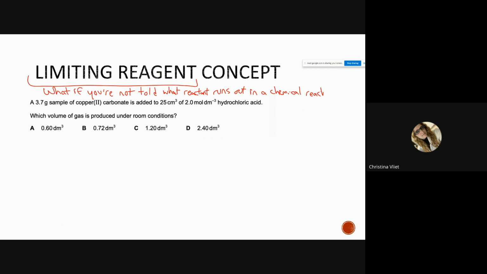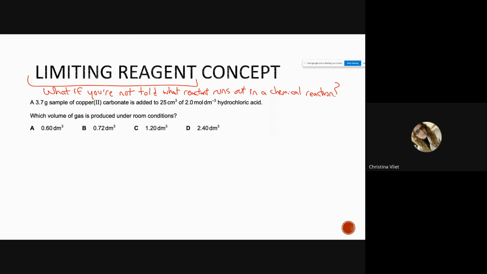Meaning, when we look at stoichiometry, almost every question tells you that we have this reactant, how much product do we make? Grams of this to grams of that, moles of this to moles of that. But that's assuming that your other reactant, if there's another one, is in excess, and that you've already been told what's limited. This is the scenario where you're not told which reactant you run out of first. So let's take a look at it.